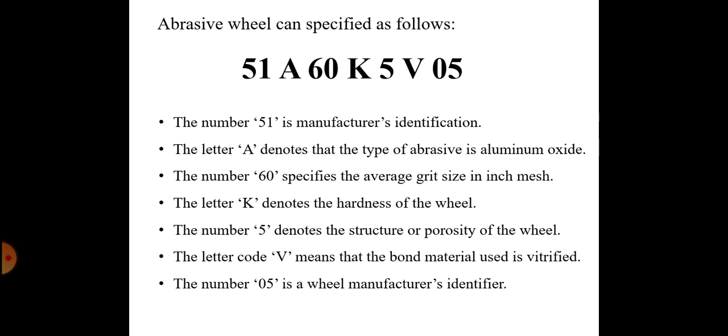The letter K denotes the hardness of the wheel. Next, the number 5 denotes the structure or porosity of the wheel, which may be open or dense.